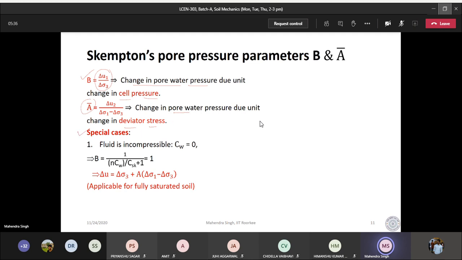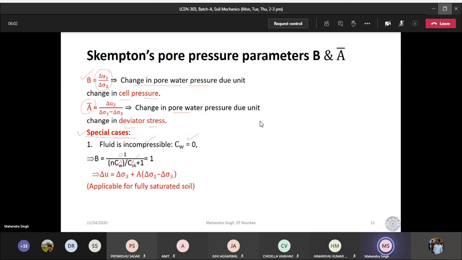Then if I consider some special cases, for example, if the fluid is really incompressible, so Cw is equal to 0, and when you put Cw equal to 0 here, this quantity becomes 0. This is the compressibility of water or fluid, and this is the compressibility of the soil grain skeleton.